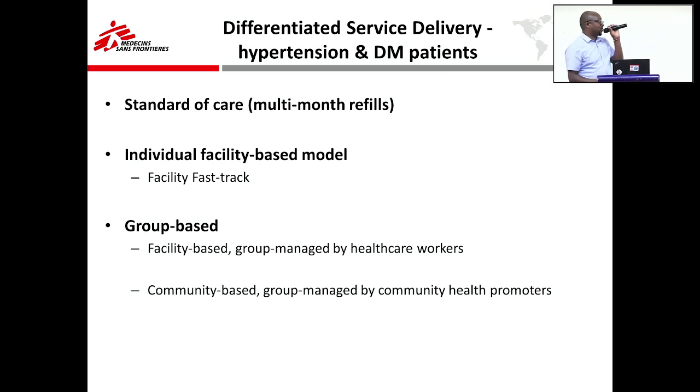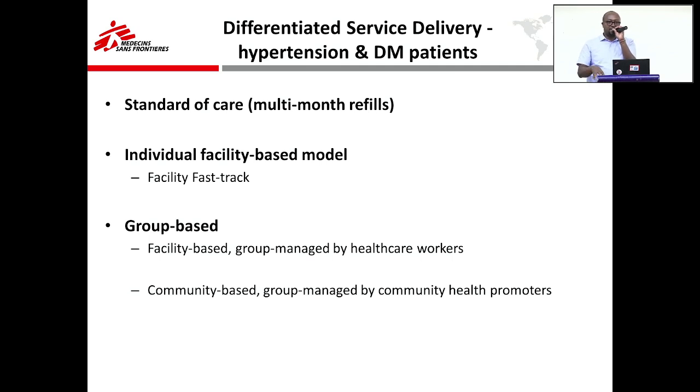Then we have group-based. I'll start with the community-based. Let's say we come from Kisii, this region, and we are stable, we have diabetes or hypertension or both conditions. So we just agree, let's say on the 15th next month, we meet here.